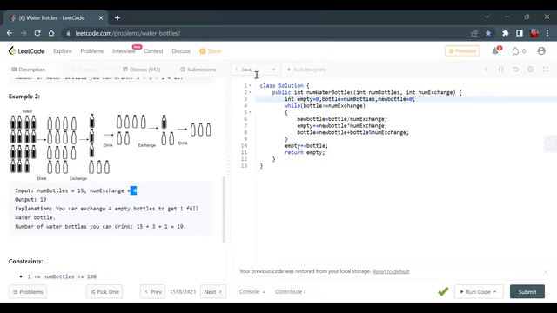In the next step, how many bottles were there? 3 bottles were there: 2 bottles were left from here, and in exchange of these 4, I obtained 1. So total 3 bottles would be remaining. And in exchange of these 3 bottles, I won't be able to get any. So 12 plus 4 plus 3, that is 19. So the answer is 19.